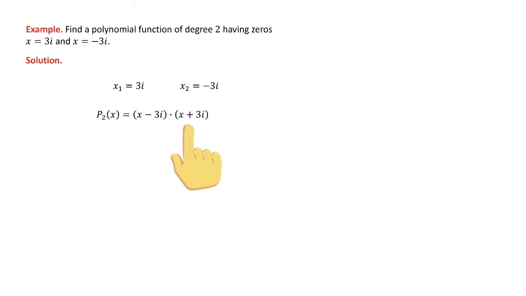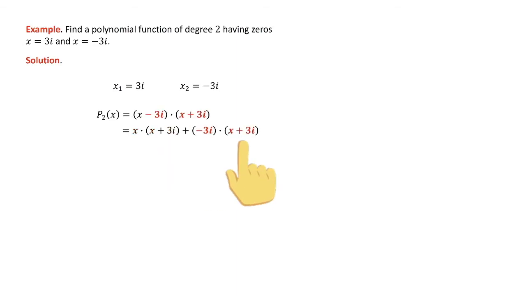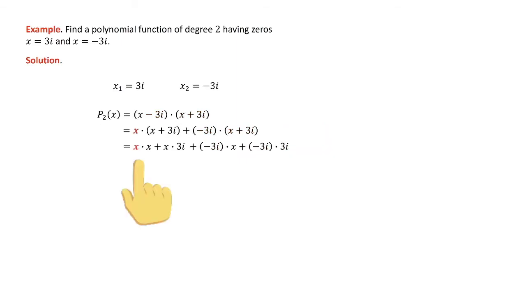All right, now we just have to multiply it out. Again, I like the distributive property. It works for every possible case. It can get messy. So I take my x times this term, and I take my minus 3i times the whole other term. Now I have this, and I'm going to distribute again.